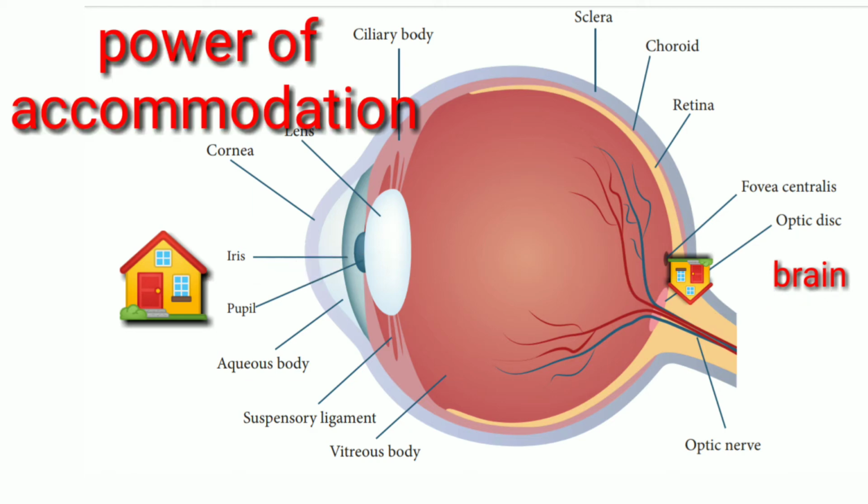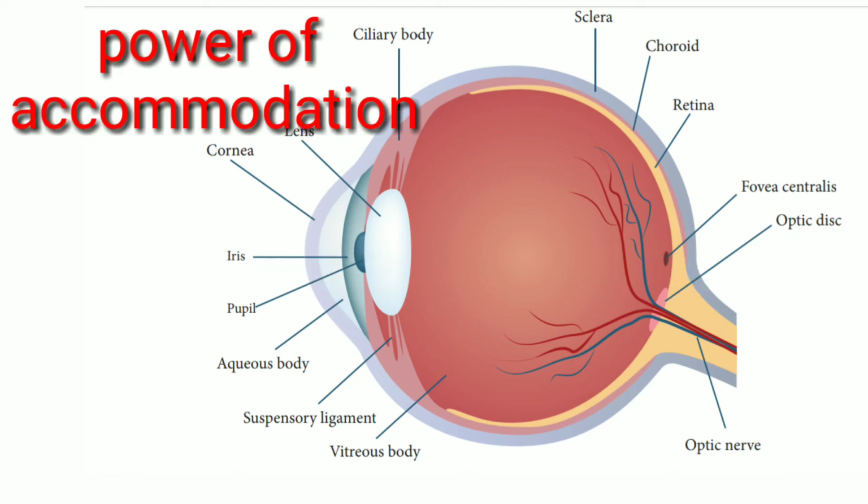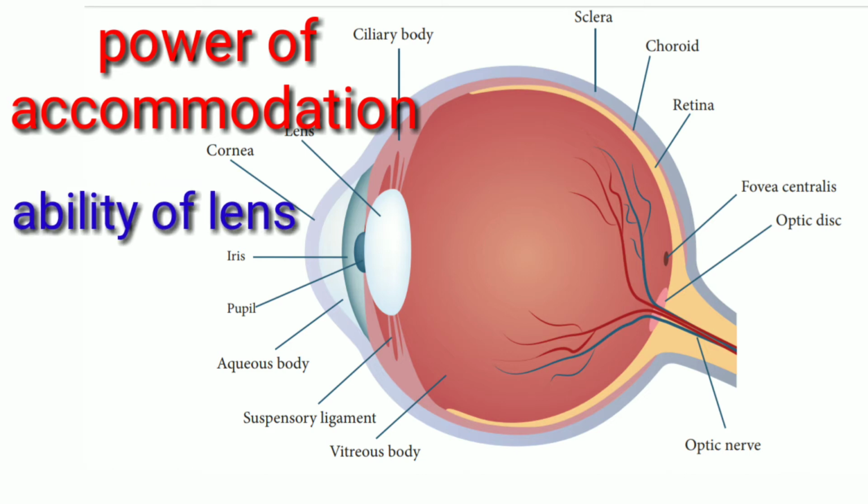Next, see the topic power of accommodation. The ability of the eye lens to focus nearby as well as distant objects is called power of accommodation of the eye. This is achieved by changing the focal length of the eye lens with the help of ciliary muscles.